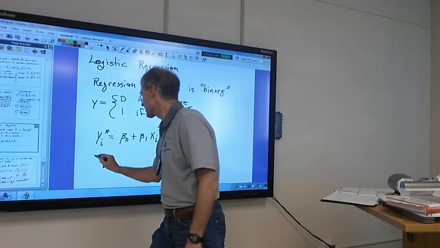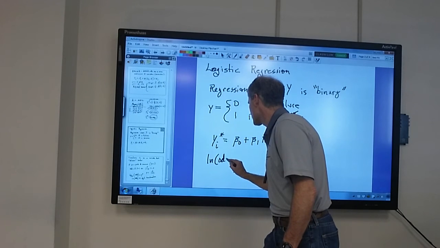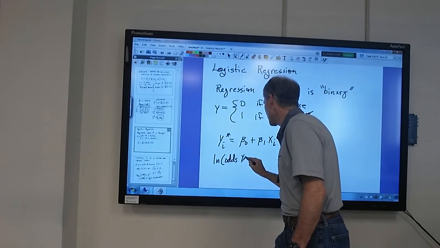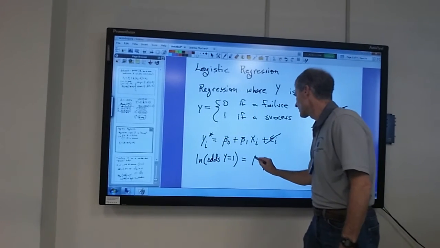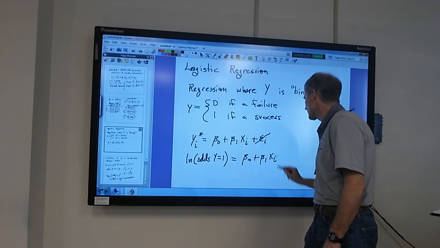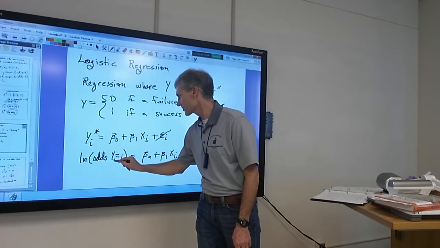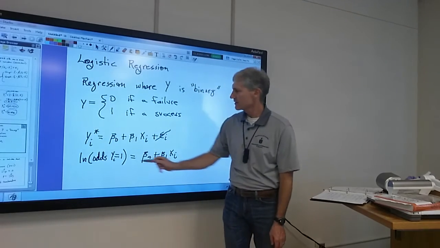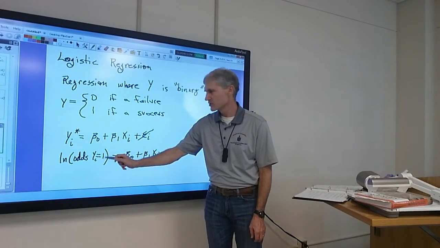So this is the log odds of y equal 1 is equal to beta 0 plus beta 1 xi. And I'm going to put a little subscript on that y. The odds that yi, individual i, is a 1.